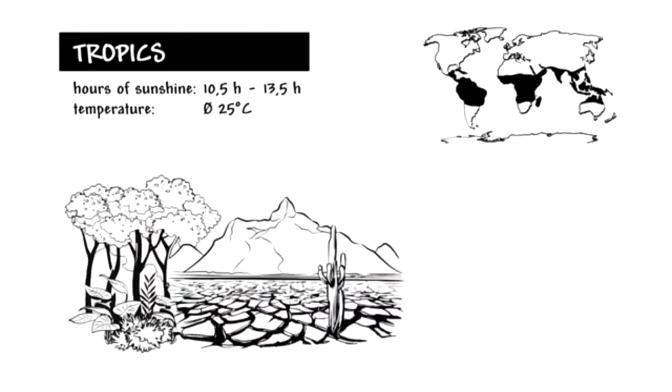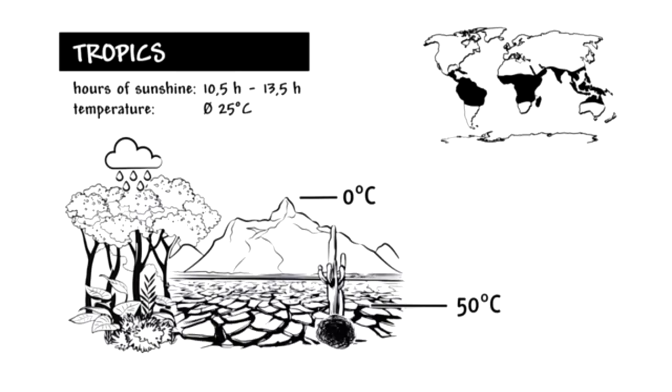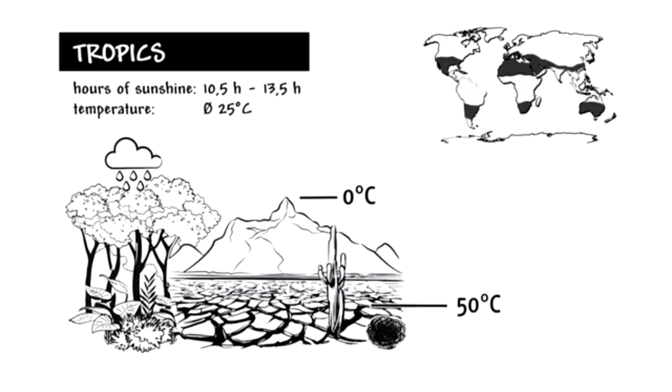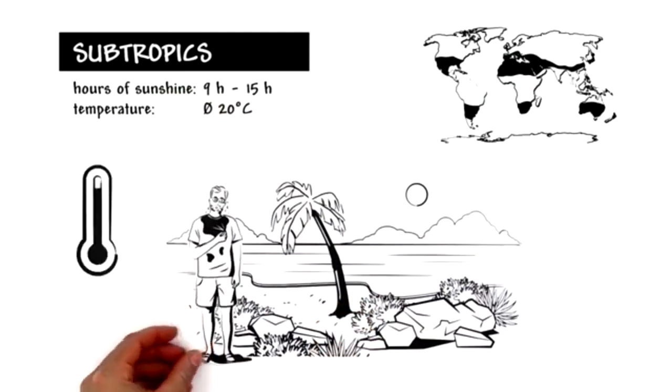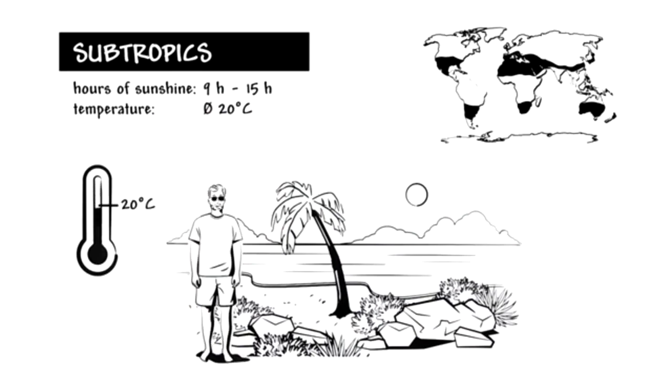Depending on the altitude, temperatures range between 50 and 0 degrees Celsius. The tropics are home to rainforests with lots of precipitation, where plants grow in abundance, as well as extremely dry regions, such as the savannas in Africa. Adjacent to the tropics are the subtropics. The summers are very hot, but the average temperature of the coldest month remains below 20 degrees Celsius.